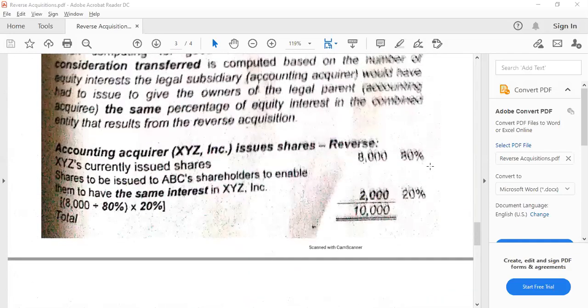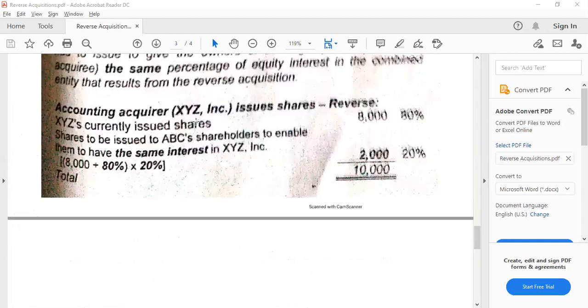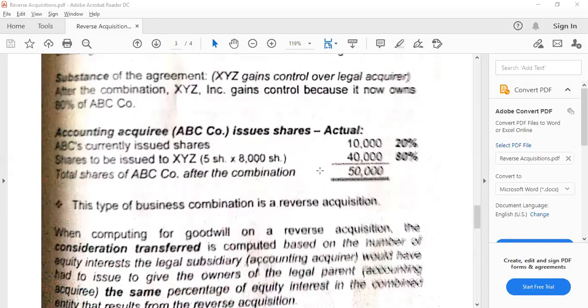I'm sorry if I keep on moving, but this is how we can discuss this well. Scrolling up and down, so 2,000 shares, additional shares to be issued to have the same interest in XYZ Incorporated. So the parent will now have the same percentage. So the XYZ, which is the accounting acquirer, that's the private entity, will have this ownership in ABC company, that is the public.